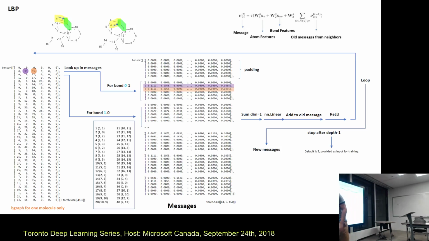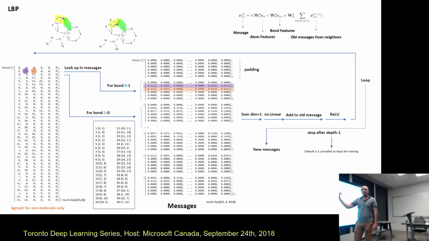We created bond graphs, and those technically give us the ability to calculate messages. So, for instance, if I'm calculating the message for the bond color-coded as green, I can use this table. So I have bond 33 and 35.